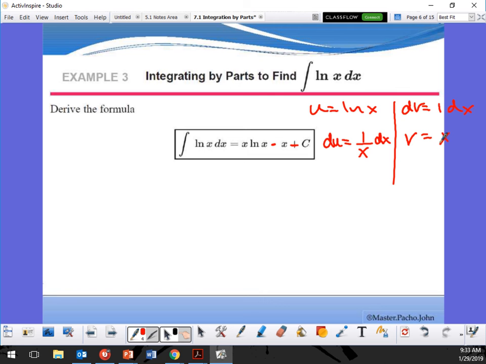Okay, so let's write this out. So uv is going to be x times ln x minus the integration of x, but what is my dx going to be now? Because this started off as a u, right?